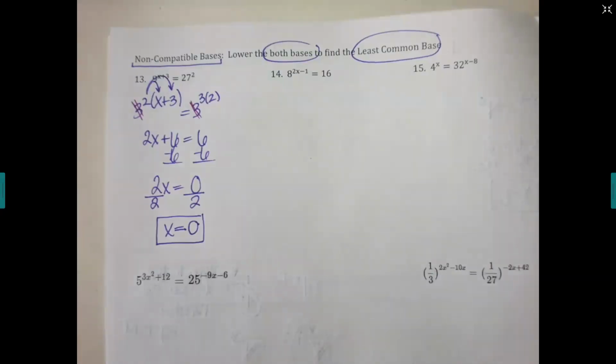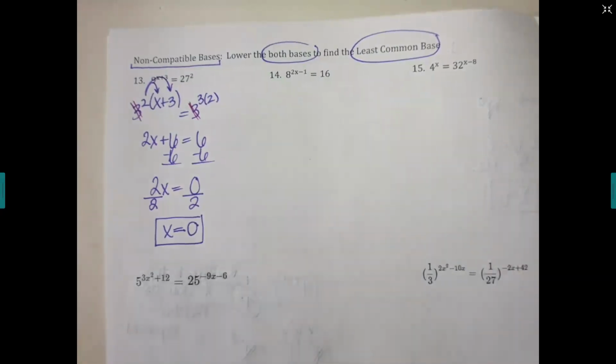All right, last question we're going to do, let's do number 15. Last one for today. Okay, look in your fours chart and see if 32 ever appears. Okay, no. So then we need to find a smaller base that 4 and 32 can both be in. 2 is very good. So if I look right here, 4 is going to be 2 squared, and 32 is going to be 2 to the 5.